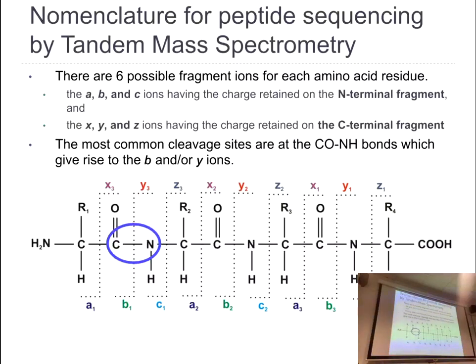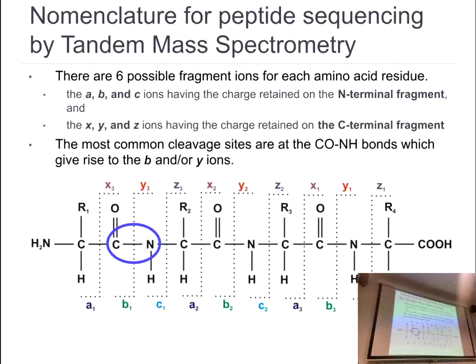So imagine you only had B ions. So what are the B ions we said? Where the proton is on the inside. Exactly. So forget the other. Imagine you've only got B ions, right? So in this nomenclature, if we had this sequence, this would be the B1 ion, this bit of the molecule. It's a fragment, a piece of the full molecule. B2 would be this bit, yeah?